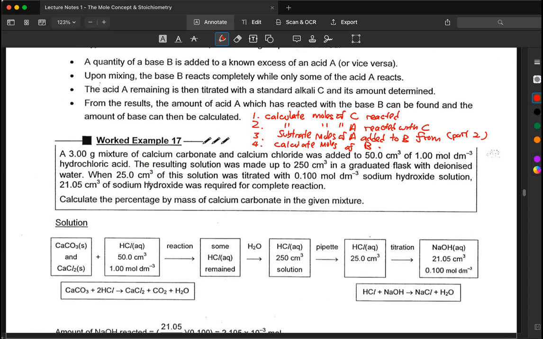When 25 cm³ of this solution was titrated with 0.1 mole per dm³ of sodium hydroxide solution, 21.05 cm³ of sodium hydroxide was required for the complete reaction. Calculate the percentage by mass of calcium carbonate.